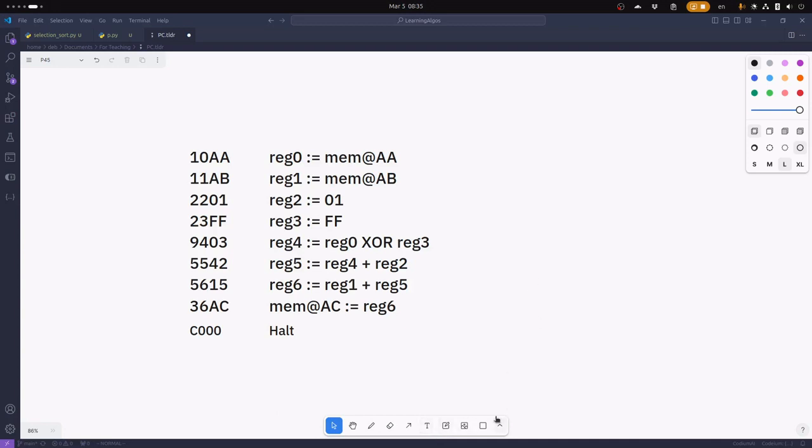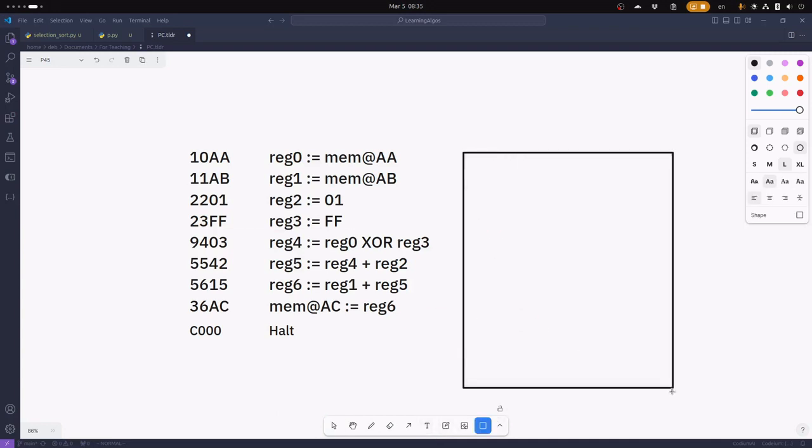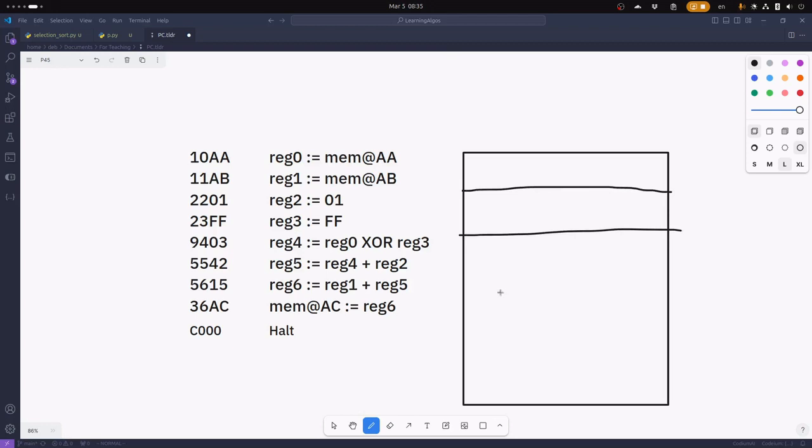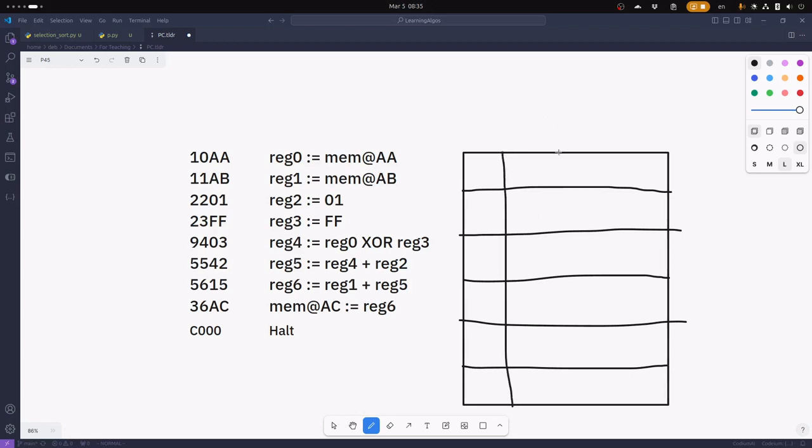Okay, let me show. Here you have columns, these are rows, and this is the column for holding the memory addresses, this is for our instructions, and this is for the note.